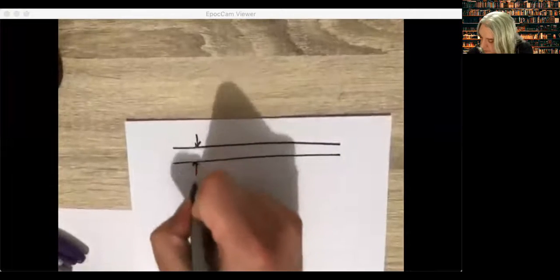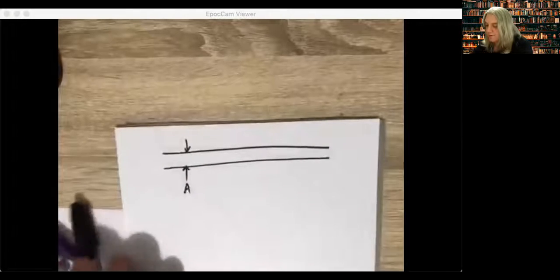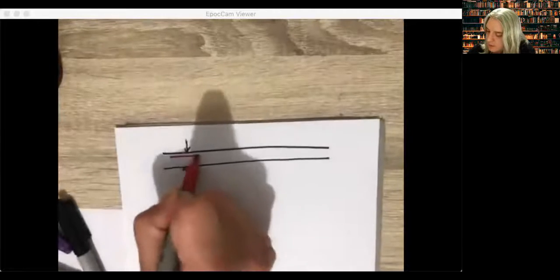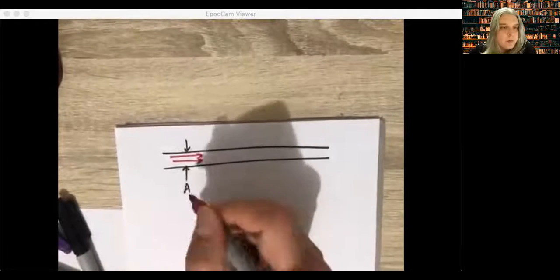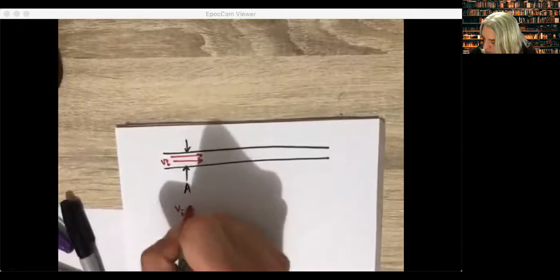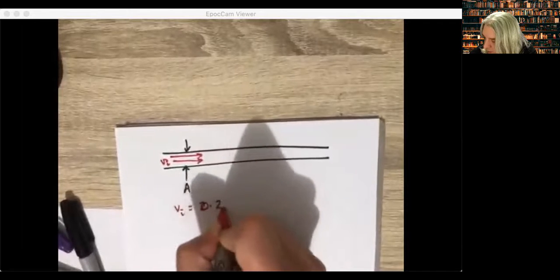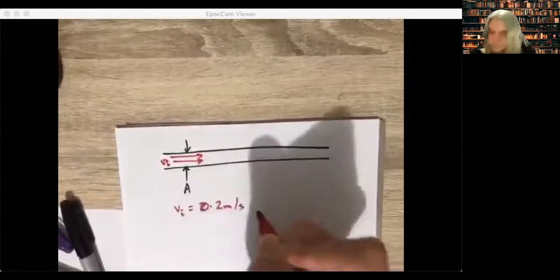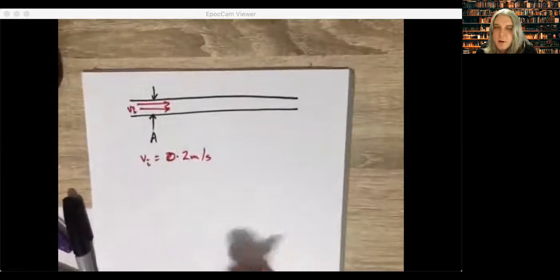This is some area A, and we have blood flowing through it at 0.2. So V initial is equal to 0.2 meters per second. So that's our initial scenario.